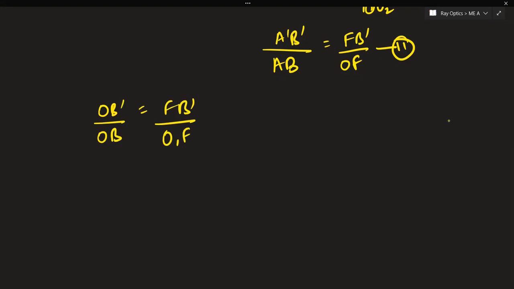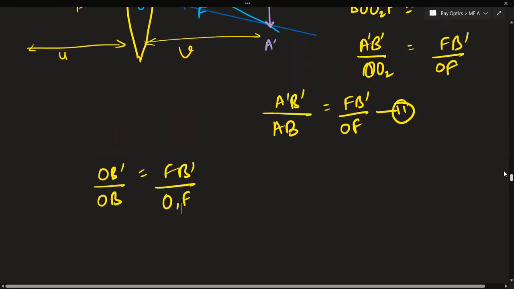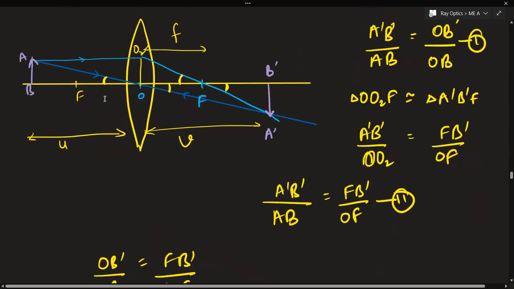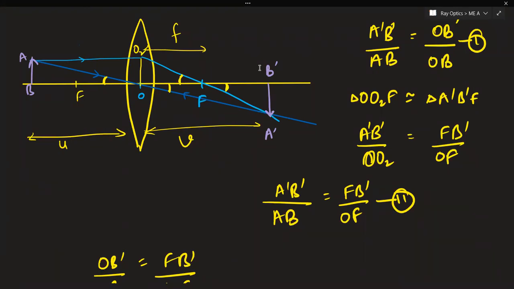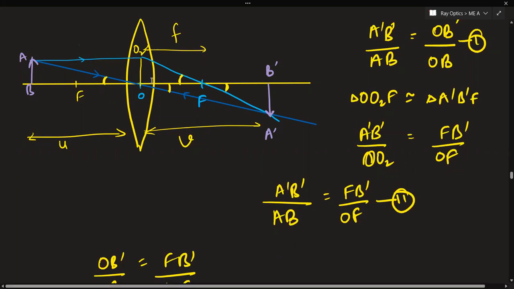Now see, FB dash has no physical meaning. Even if it were from the optical center, we would have taken it as image distance, but just FB dash has no meaning. So instead, we can write FB dash as the complete OB dash minus OF.